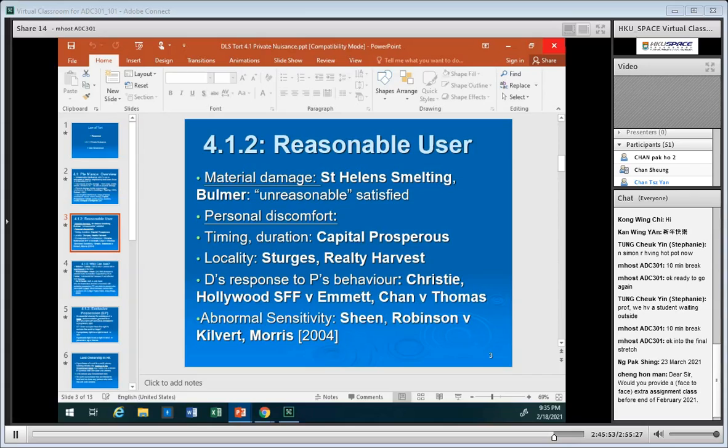In Realty Harvest, the plaintiffs and defendants were owners and tenants of an industrial building in Tsuen Wan. Plaintiffs brought a claim in nuisance for noise and vibrations caused by the weaving machinery. Both had installed noise insulation material, but that did not help.